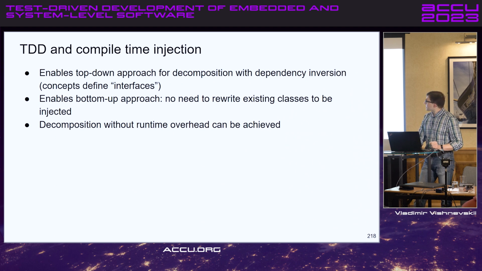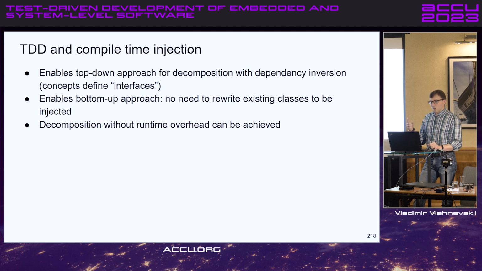One important remark. What is good with compile time injection? It enables a top-down approach. We can start implementing the logic of the module without dependencies and then implement the dependencies. We can use concepts to constrain the interface, so they can implement some form of dependency inversion, because we can specify that the concept is supposed to be fulfilled by other units.